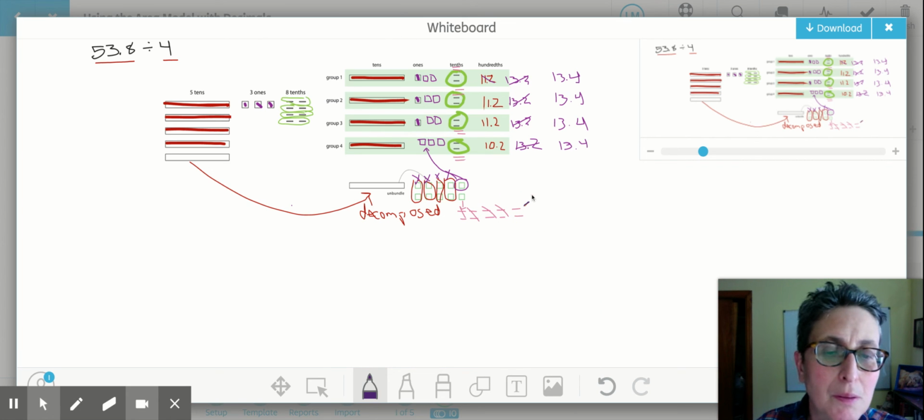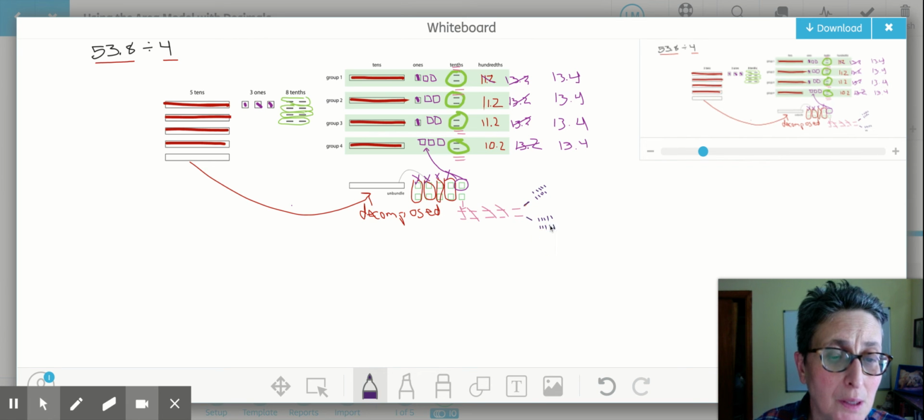into 10 little pieces. 1, 2, 3, 4, 5, 6, 7, 8, 9, 10. And I'm going to have to break that one up into 10 pieces. 6, 7, 8, 9, 10. And in this case, I'm going to take 2 from here and 2 from there.